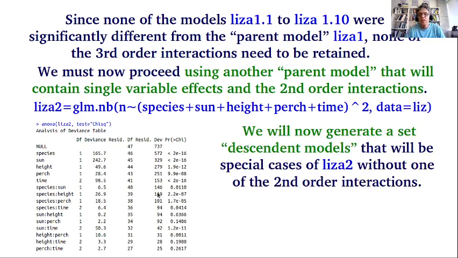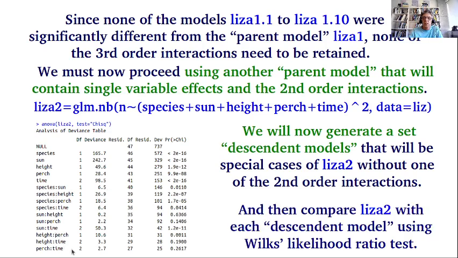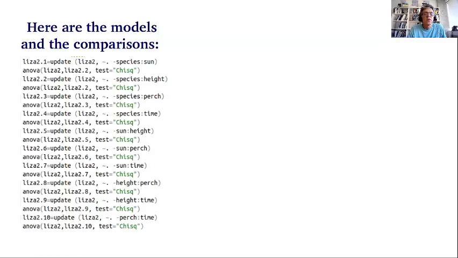So we will now generate a set of descendant models that will be special cases of this parent model Lisa 2, in this case each without one of these second order interactions, and compare them with Lisa 2 using the log likelihood ratio test. So here are the models. Lisa 2.1 is a special case of Lisa 2 without this second order interaction, and here is the comparison with the parent model.